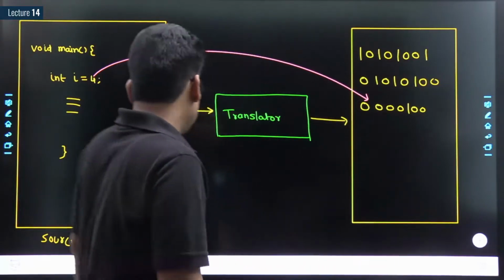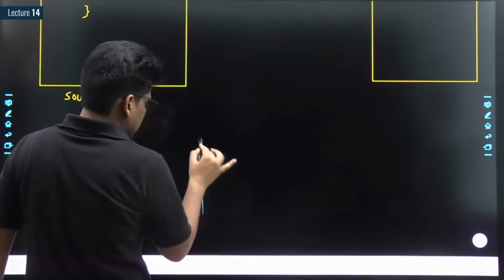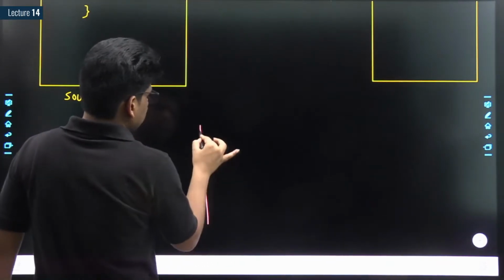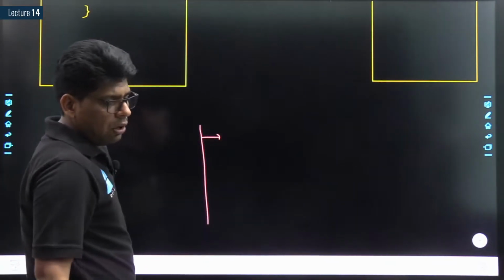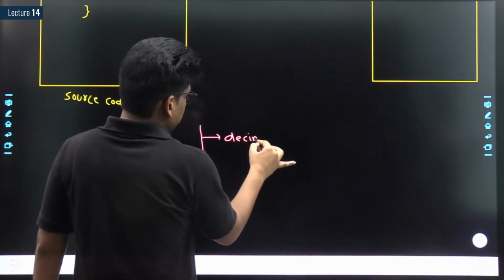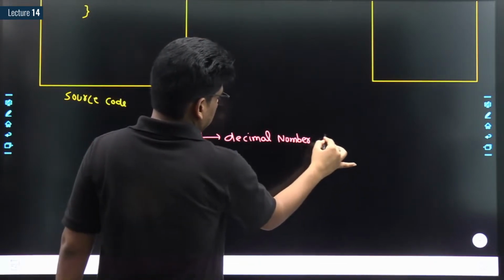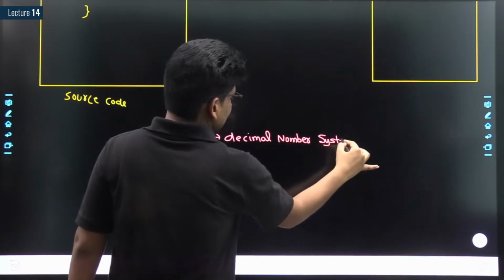Why? Because in mathematics there are many number systems. For example, there is something called the decimal number system. Why is it called deci?